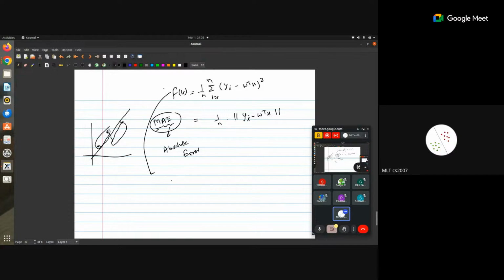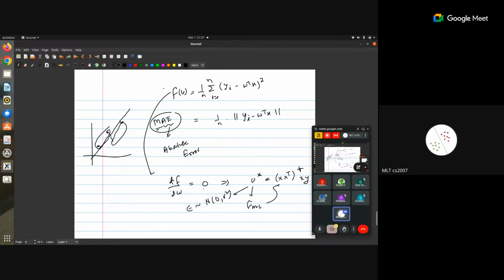You take df by dw, equate it to 0, and from there you find w hat equal to (X X transpose) inverse or pseudo inverse times X y. This is the same as w hat ML when we assume the noise to be zero-mean normal with variance sigma squared, that is, Gaussian noise.